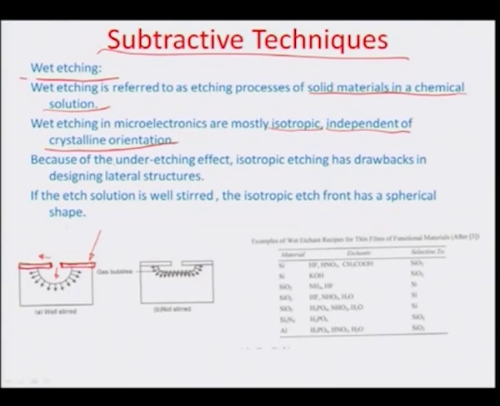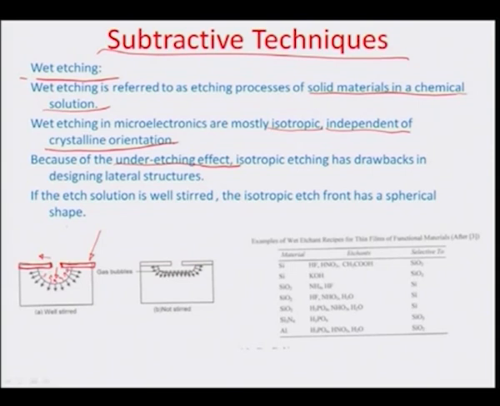Because of this under-etching or undercutting effect, isotropic etching has drawbacks in designing lateral structures, and therefore you will always have to assume an etching allowance for this kind of etching. If the solution is very well stirred, there is no accumulation of material coming off from these surfaces, and you can have this kind of homogeneous profile.